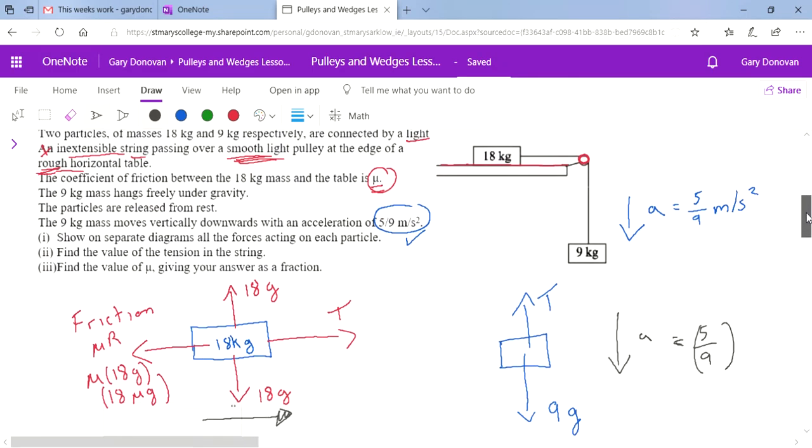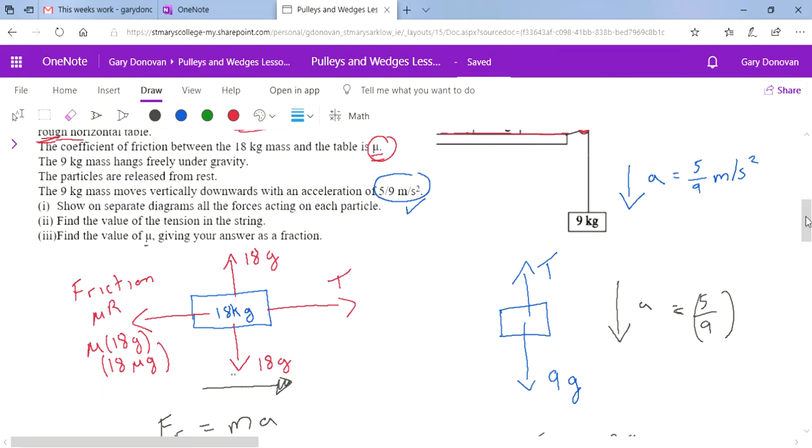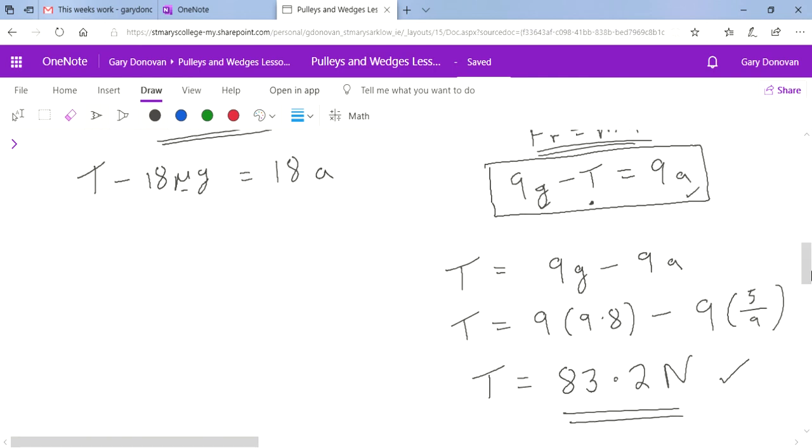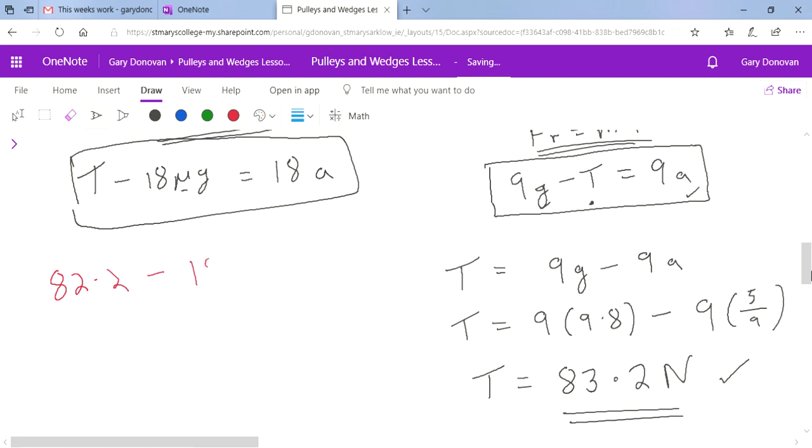Last part then quickly is find the value of mu, giving your answer as a fraction. So we now know T, so we can now use this equation to find the value of mu. So it's going to be 83.2 minus 18 times mu times g equals 18 times 5 over 9.